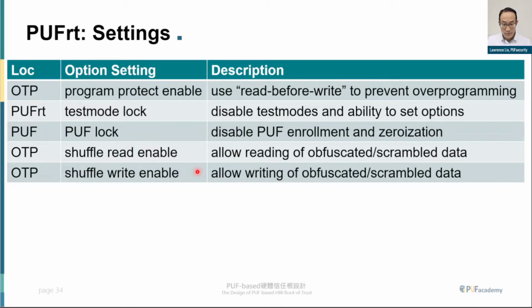And then the fourth and fifth settings are related to the shuffle, read, and write protection scheme, which is used in PUF key storage. And this setting enables or disables this protection scheme, such as in the case when the user would like to read and write data to the OTP as plain text for easier debugging during product development.